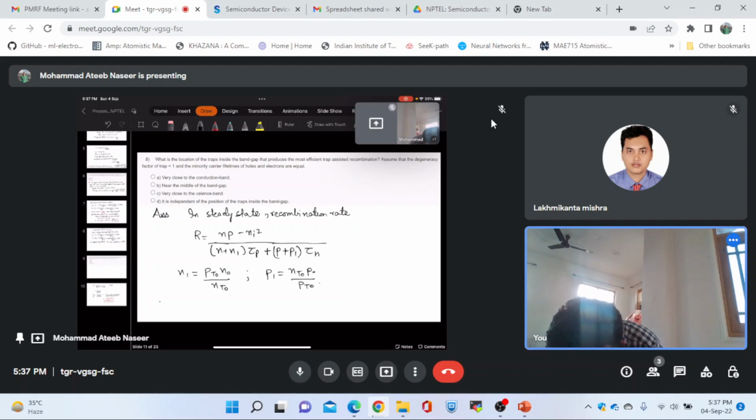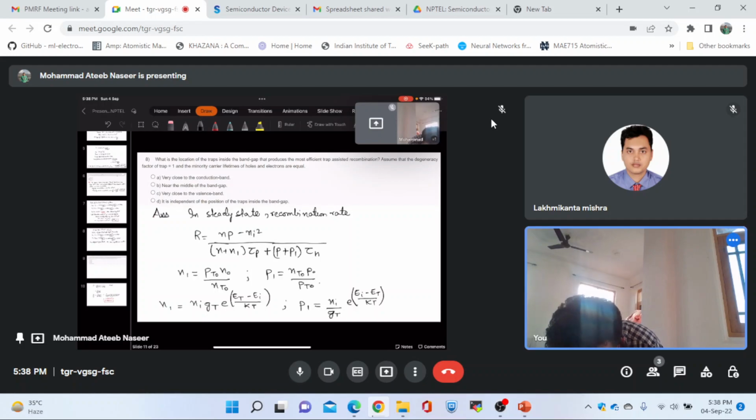Also we can write n1 to be equal to ni Gt exponential of Et, where Et is the trap level, minus the intrinsic Fermi level Ei by kT. Similarly for p, we can write p1 to be equal to ni by Gt, where Gt is the degeneracy factor for this trap, exponential of Ei minus Et by kT.